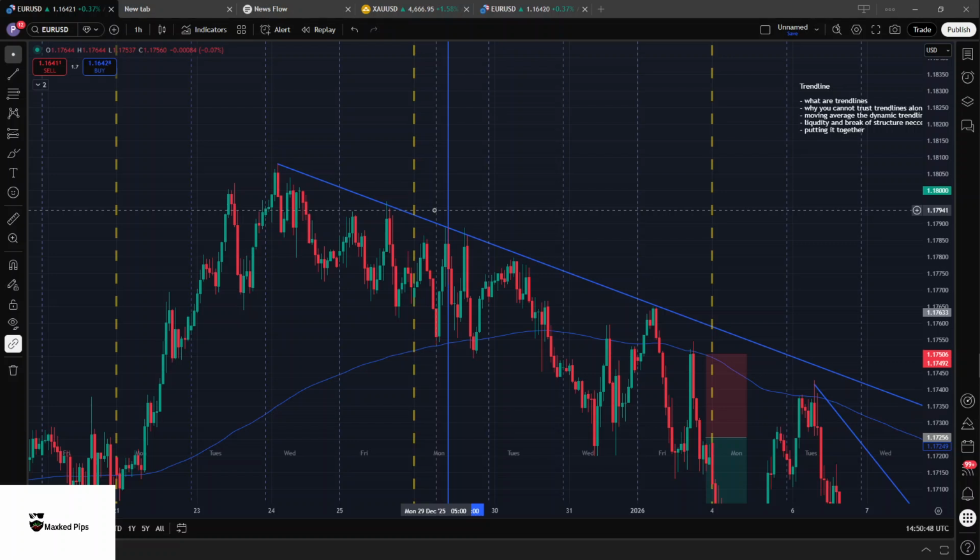And liquidity can also be the highest or lowest points of the current day's market, or the highest point in a particular trading session, whether Asian session or New York session. So that's liquidity.